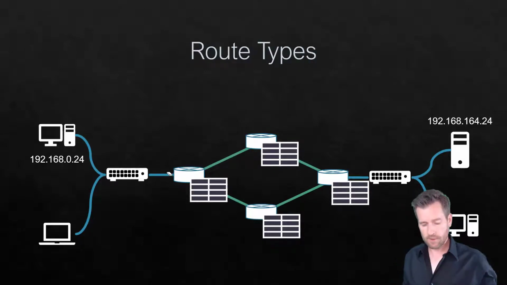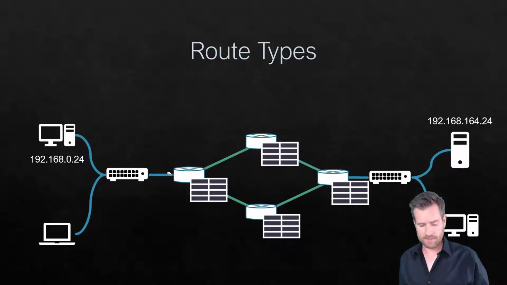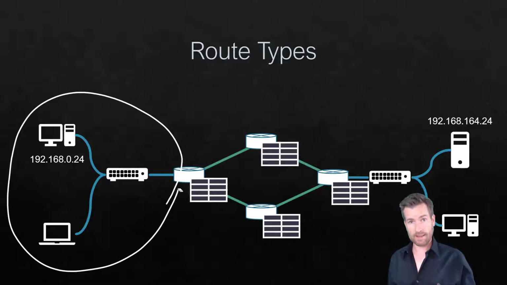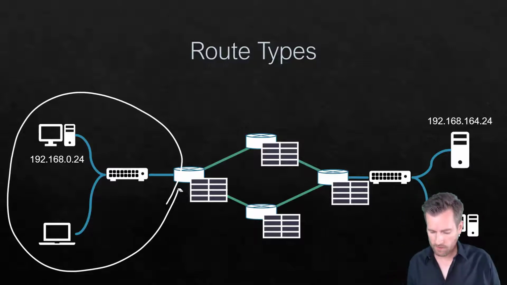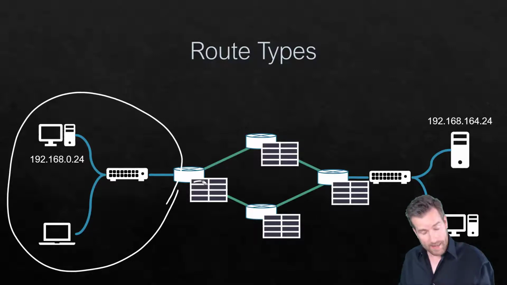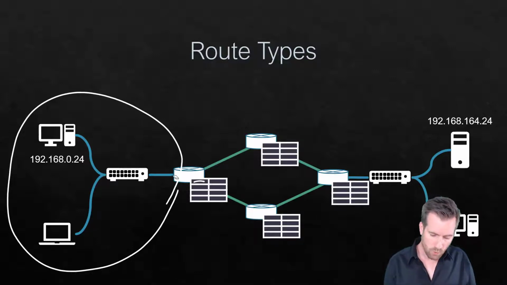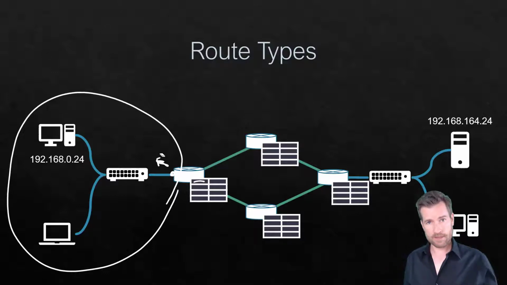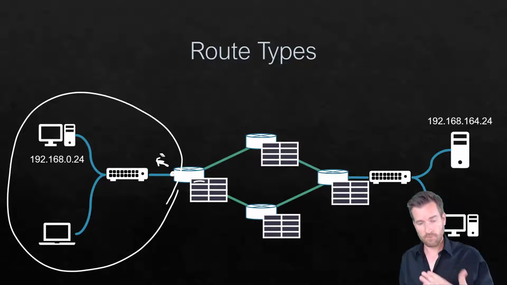Okay, so we've already learned about a couple of different network types. One is a directly connected network, one that's connected directly into one of the interfaces of the router, and that goes into the routing table. It goes into the routing table when we configure the exit interface that goes to that network, which means we get onto that interface, configure an IP address, and configure a mask.